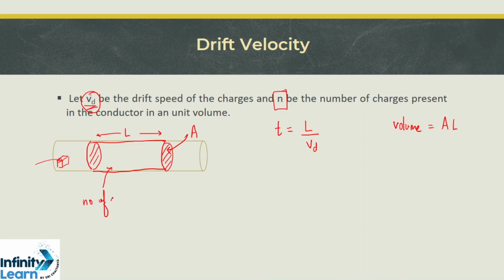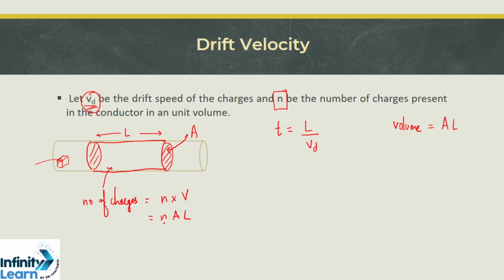The number of charges will be given by charges per unit volume into the volume, so here it will be n into A into L. This gives the count of charges present in this region.